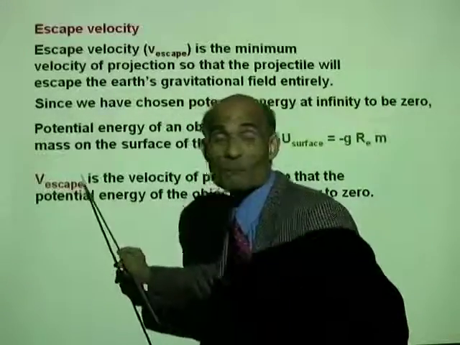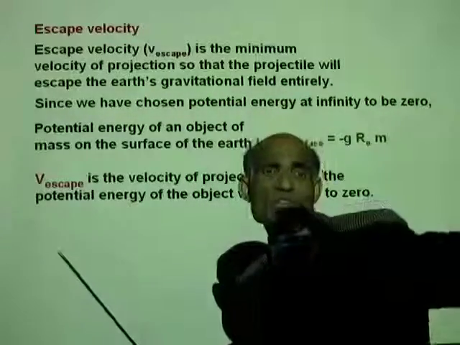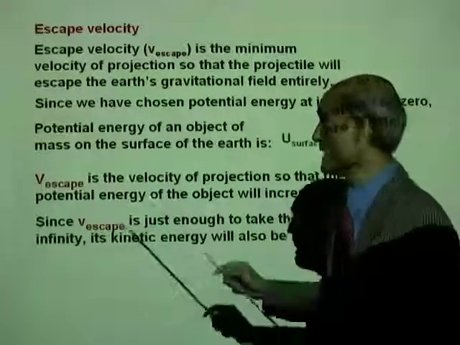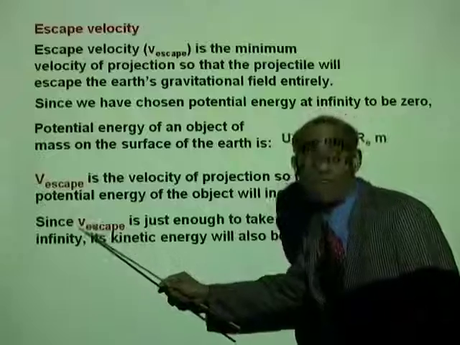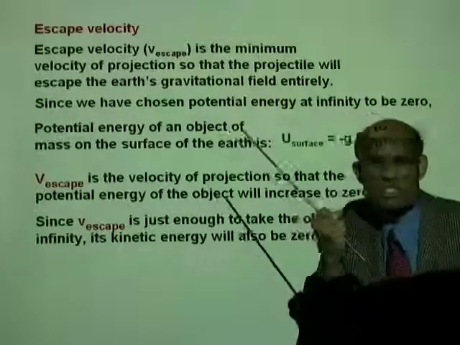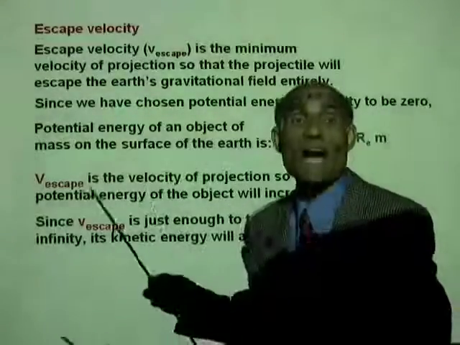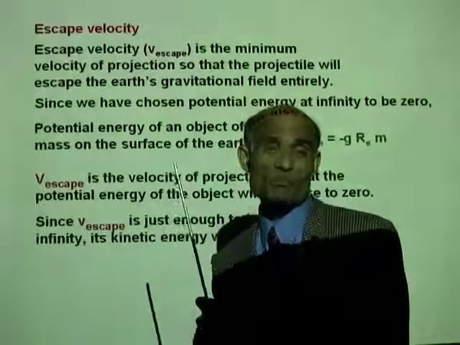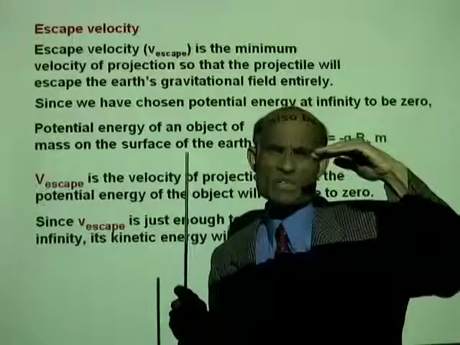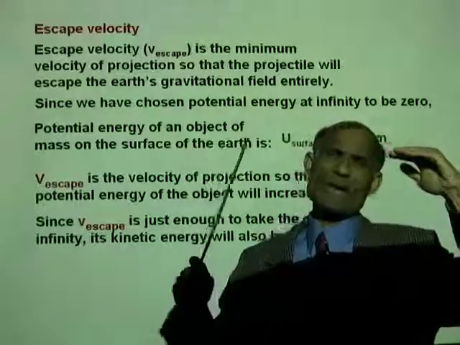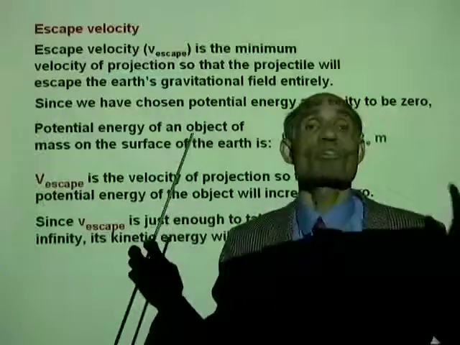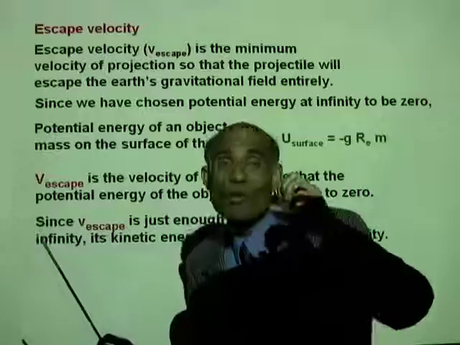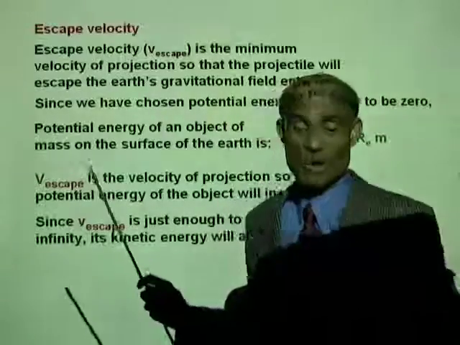If you project an object with that velocity so that the object escapes the Earth's gravitational field, then this velocity V escape is just enough to take the object out of the potential well. So you give the object that velocity, the object just comes out of the well and stops. That means its velocity will be reduced to 0. This velocity is just enough for it to escape the potential well.